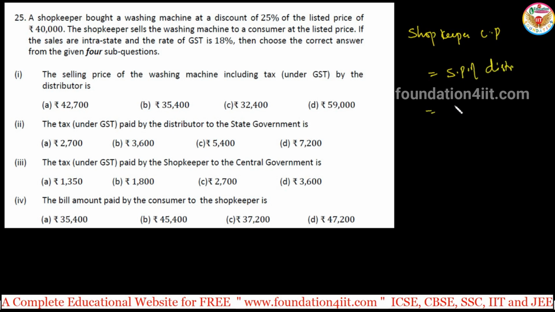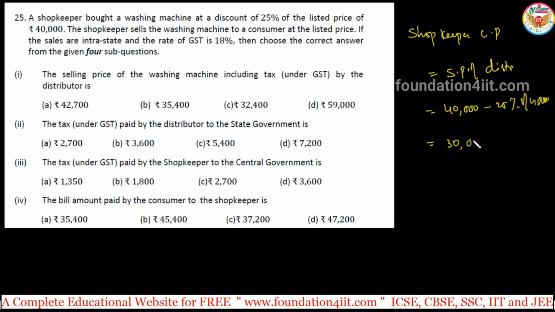So how much is it sold for? From 40,000 he gave a 25% discount. So 40,000 minus 25% of 40,000 should be subtracted. Then you will get 30,000, because 25% of 40,000 is 10,000. Now this is the shopkeeper's cost price. Right?